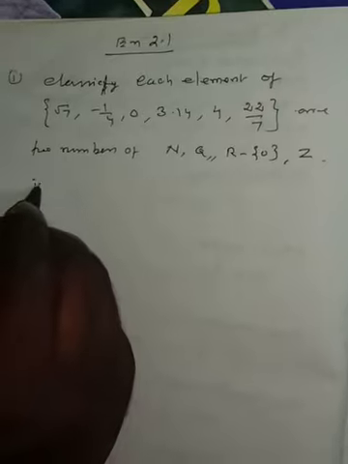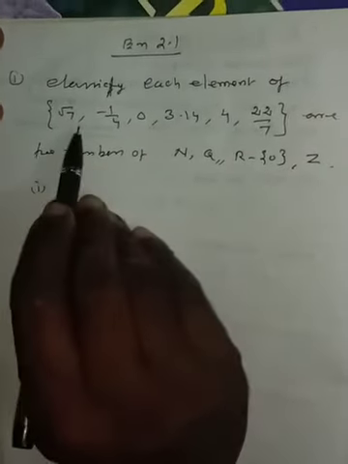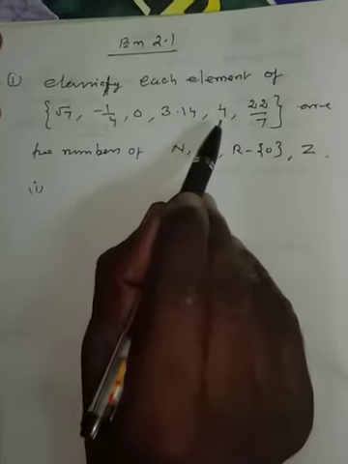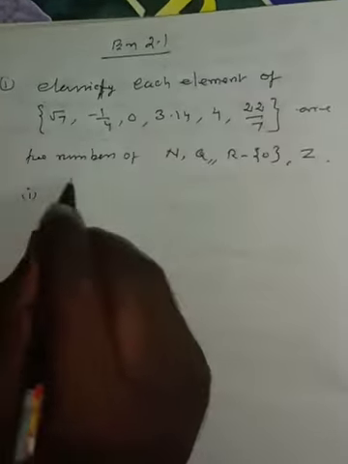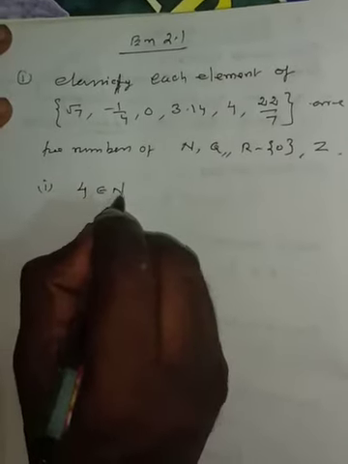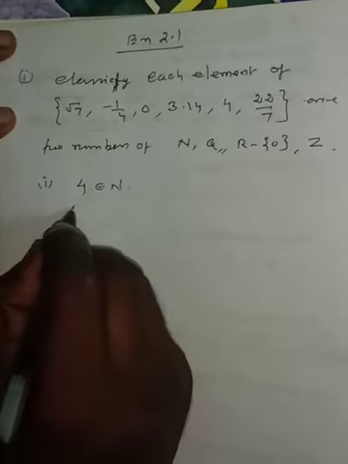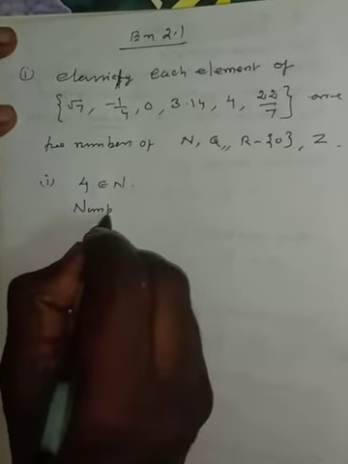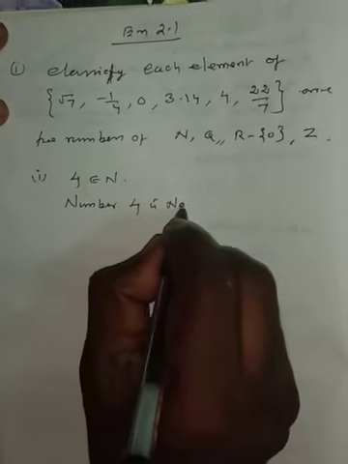Subdivision number 1: 4 is an element of the natural number set. 4 belongs to N. 4 is a natural number.